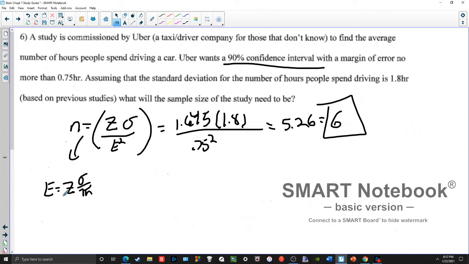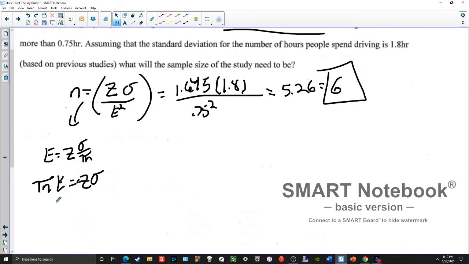We multiply both sides by root n, so we get root n times E equals Z sigma, and then we divide by E, so root n is equal to Z sigma over E, and then we square both sides, and so we get (Z sigma over E) squared is n.